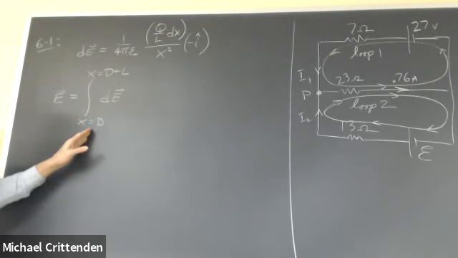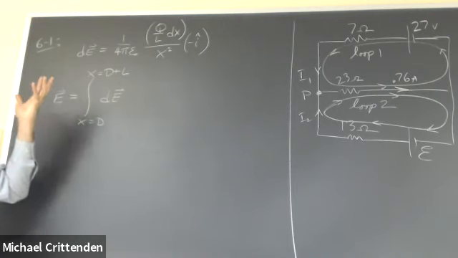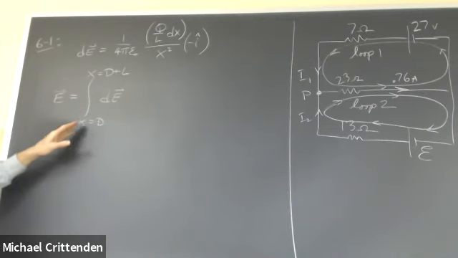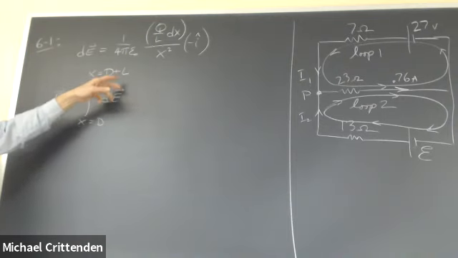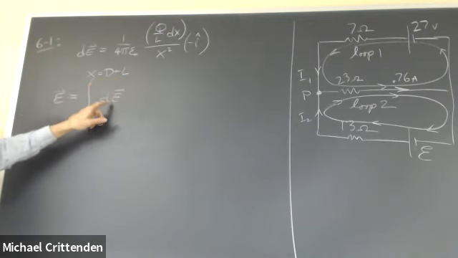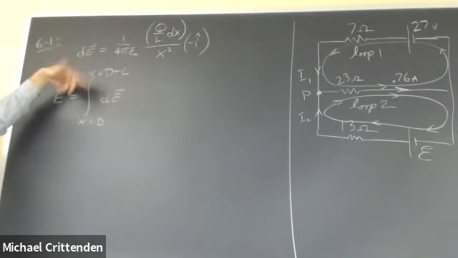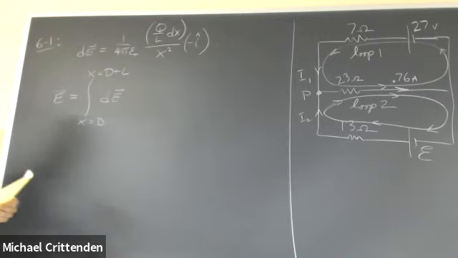So you integrate, an integral is just a type of summation after all. You integrate from the one end of the rod, which lies at x equals d, to the other end of the rod, which lies at x equals d plus L, and dE is that thing up there.